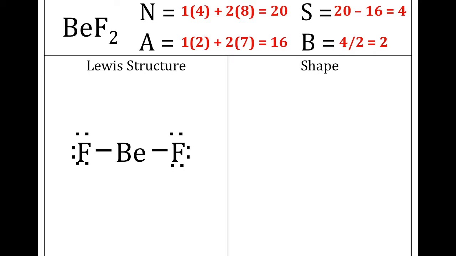Now I'm going to do a little activity with you with grapes and toothpicks to determine what the shape is going to be. Let's talk about how beryllium fluoride is going to form a bond.